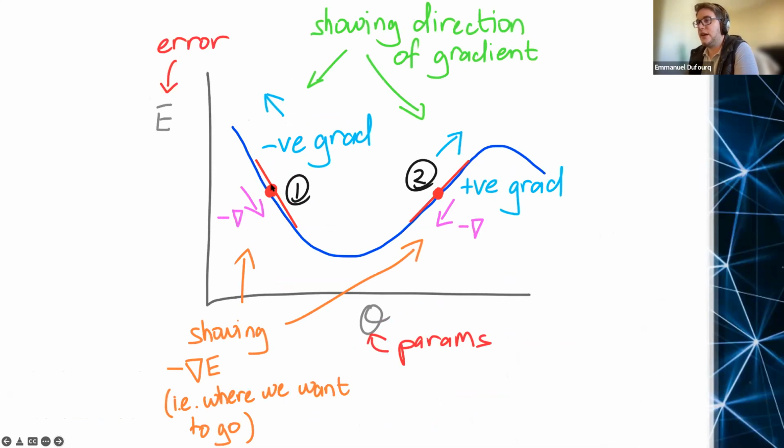So let's look at number 1. The idea I want to illustrate here is why we go in the negative direction of the gradient, and why the negative direction of the gradient will allow us to go down the mountain instead of up the mountain. We're at this dot, number 1, and this is a negative slope. So this is a negative gradient.